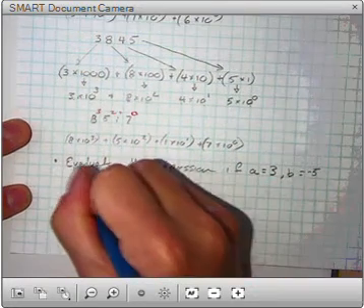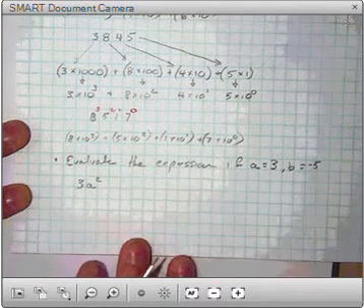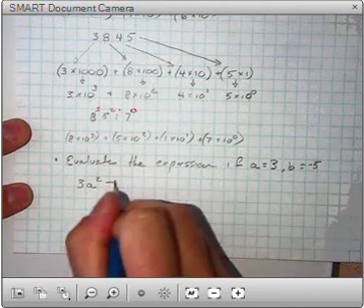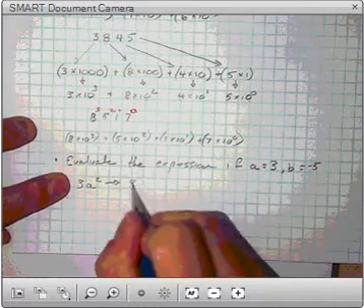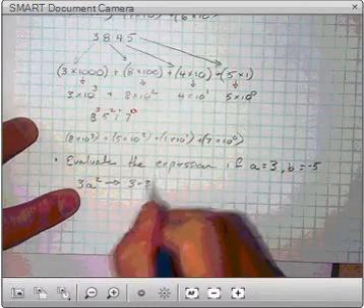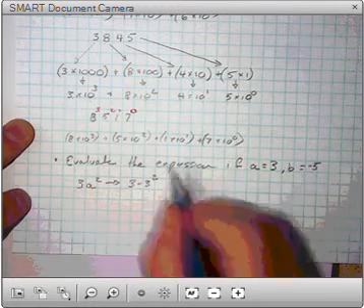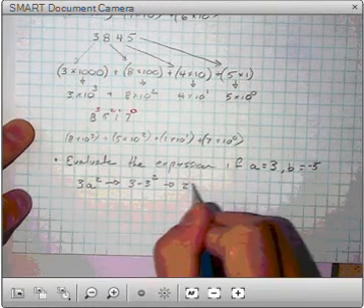So when I say evaluate 3A squared, all you're going to do there is 3 times your A, which is 3, squared. So then you'll do 3 squared, which gives you 9. 9 times 3 gives you 27.